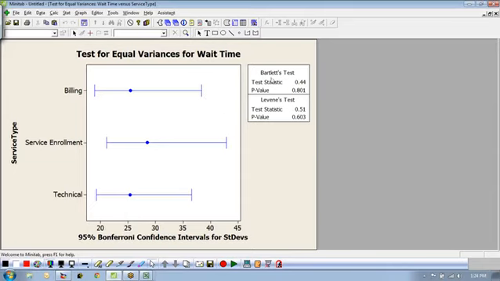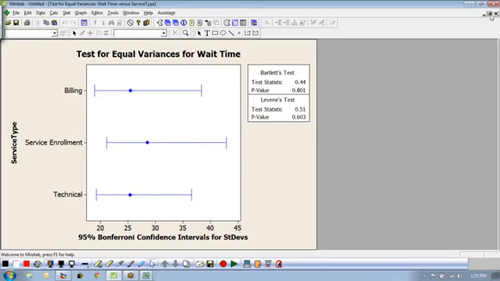Anyway, the equivalent of the F-test when we have more than 2 variances is called Bartlett's test. This holds for normal distributions. Levene's test is just as it was before. This holds for all distributions, and we can see by these p-values very little evidence that there is any difference between standard deviations. In fact, there's really no evidence that there's a difference between standard deviations.